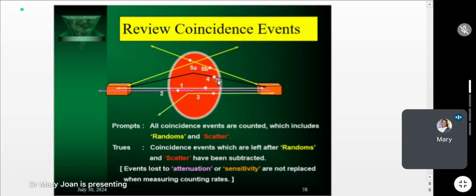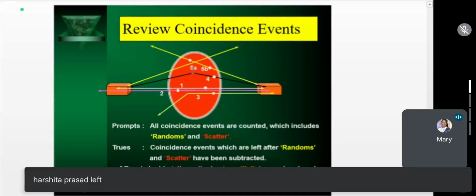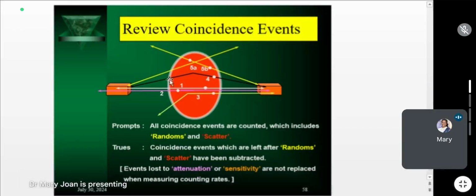And event 4, one photon is getting detected on this detector, but the other photon, which was supposed to be going like this, is getting scattered on its path and getting detected on this line. So here you can see there can be a positional inaccuracy.